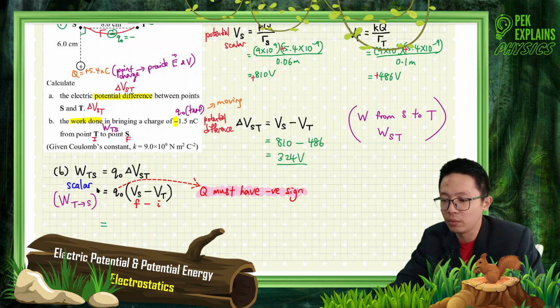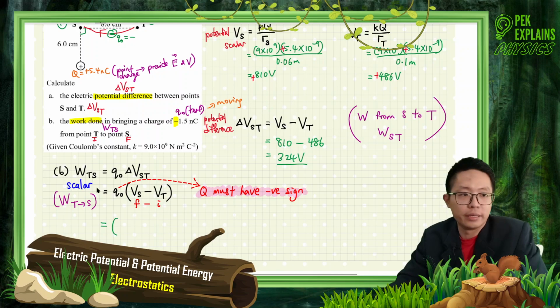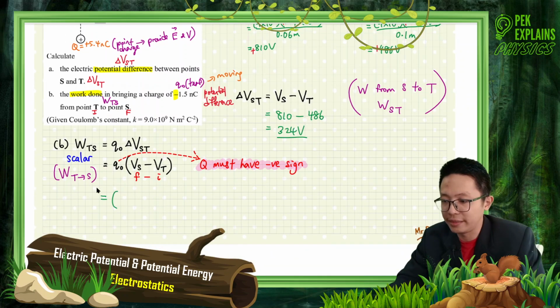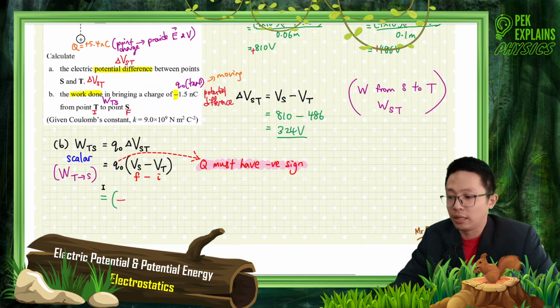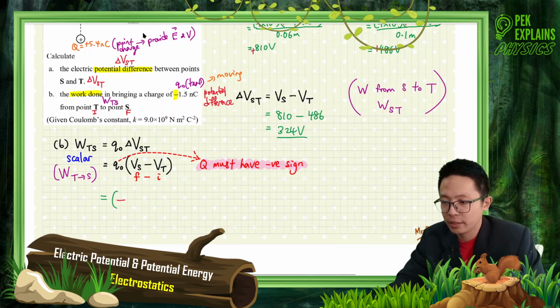So now let's do our work. Then the test charge is negative. For a scalar quantity, the work done, if the charge is negative, you must put in the negative sign, because the negative sign means the magnitude for a scalar quantity. So negative 1.5, exponent negative 9.